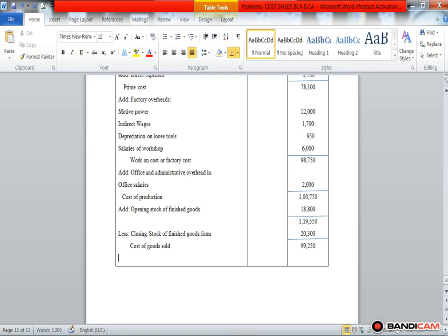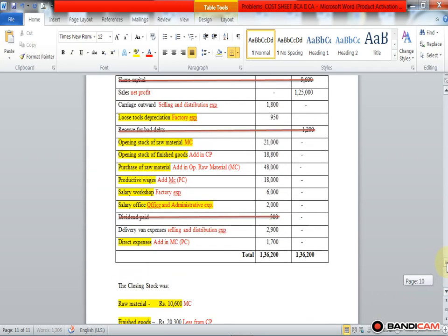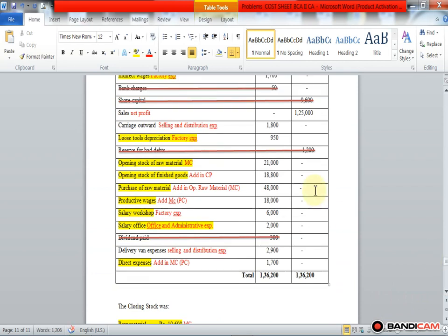Okay, then we add selling and distribution overheads. See the problem and transfer all the expenses which are related to selling and distribution.